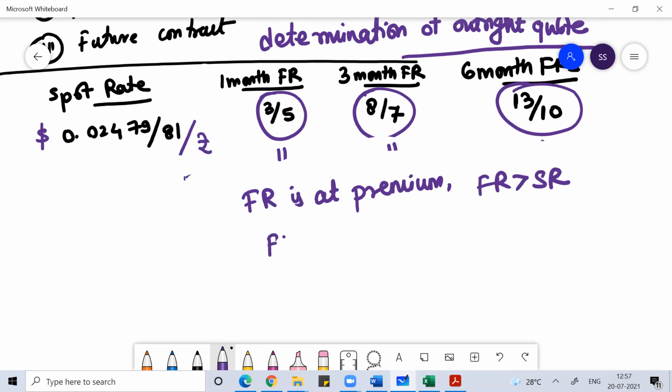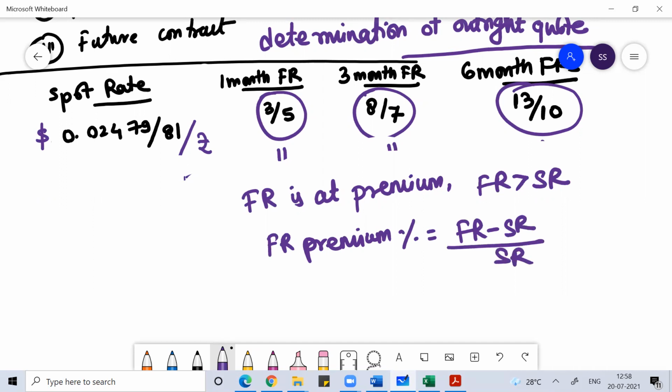So if you want to find the forward rate premium percentage, it is end day forward rate minus spot rate, divided by spot rate, into 12 by M, into 100. So by this way you can find the forward rate premium percentage.